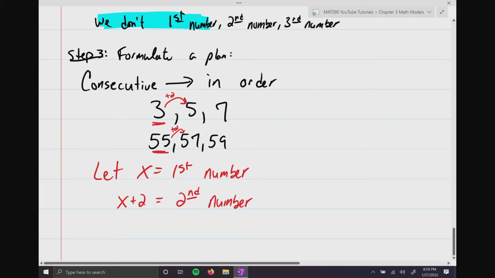Now, if you start at 3, how do you get to 7? Well, you add 4. If you think about it, it's going to be 3 plus 2 plus 2 more. 3 plus 2 gets you to 5, and then 5 plus 2 gets you to 7. All right? So our third consecutive odd integer will be x plus 4.